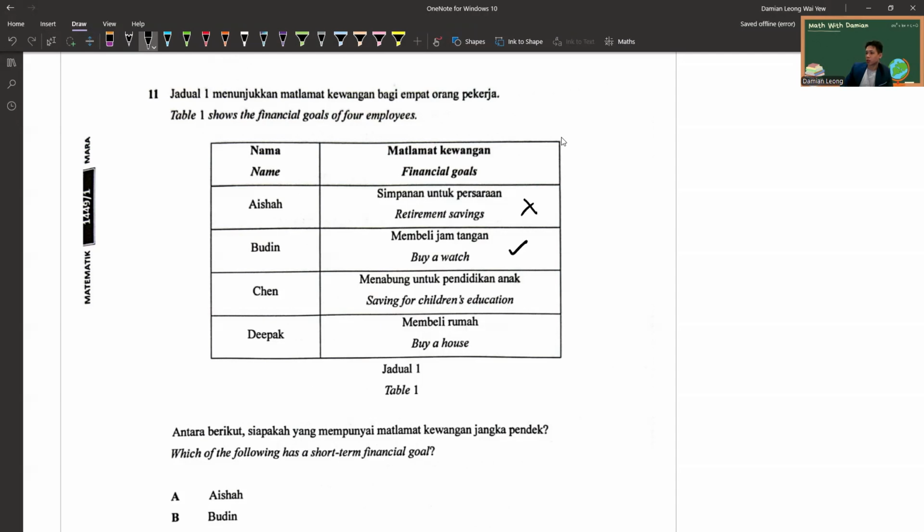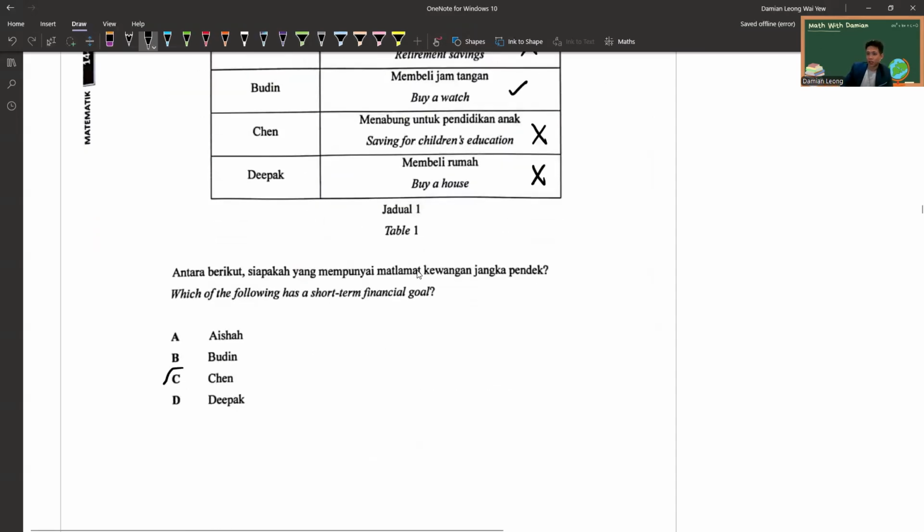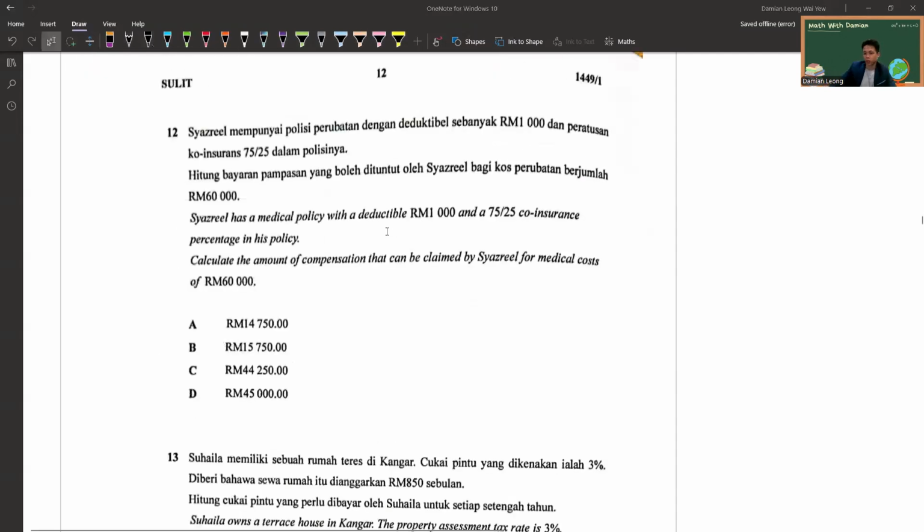Saving for children's education, also long-term. Buying a house, because of the amount it takes, is also a long-term goal. So the only one that is short-term would be Budin's financial goal, which is buying a watch. Okay.